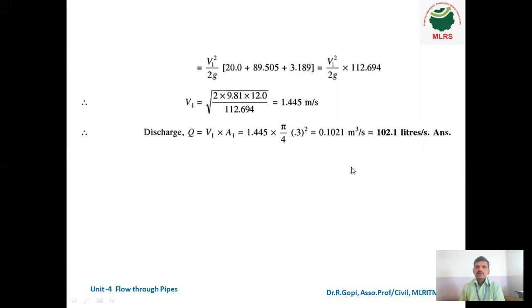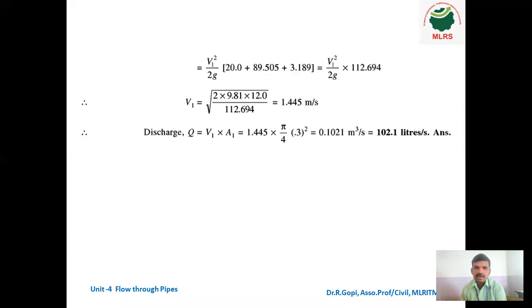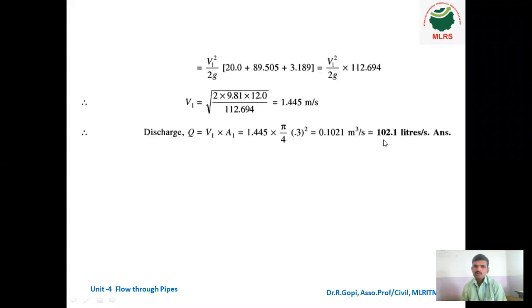Now you cross check the answers. With considering minor losses, it is 99.45. Without considering minor losses, it is 102.1. So always, if you consider minor losses, it is the correct, accurate answer. If you consider only major losses, neglecting the minor losses, definitely the discharge value increases.